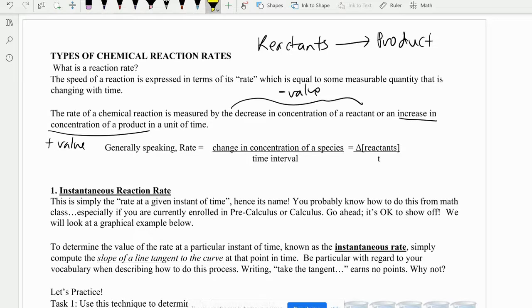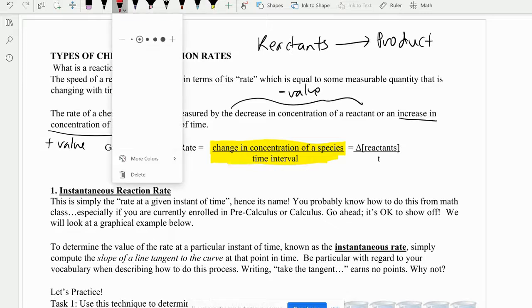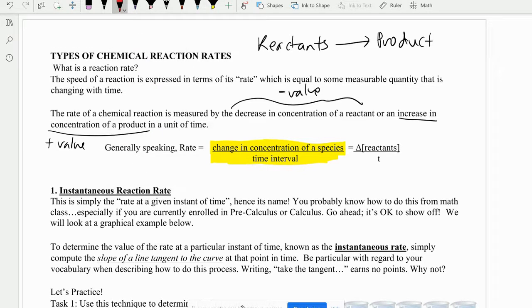One way to think about rate is instantaneously. You're going to think about it in terms of a change in the concentration of the species you're talking about divided by an interval of time. In other words, right here, the change in the concentration of the reactants divided by time.